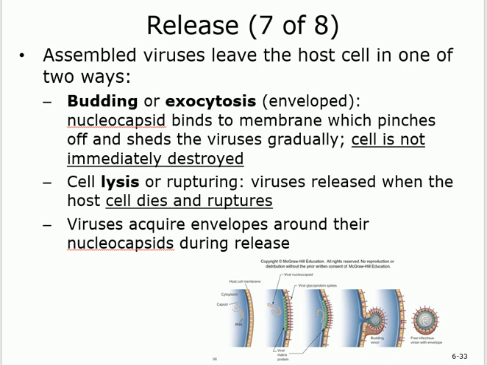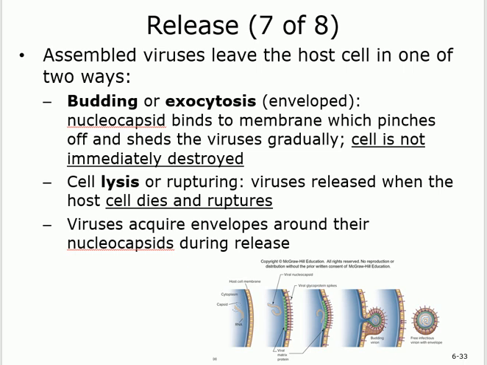Then you're going to be released. Do you remember when you entered, when you penetrate, there are 2 ways to penetrate, right? Fusion and endocytosis. This one is kind of similar, but the other way around. The first way is exocytosis. The opposite. The same way you entered is the same way to leave.